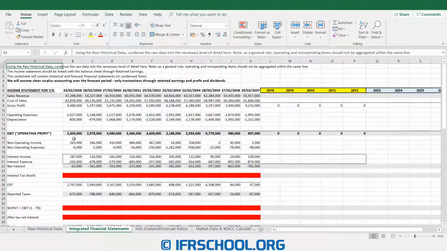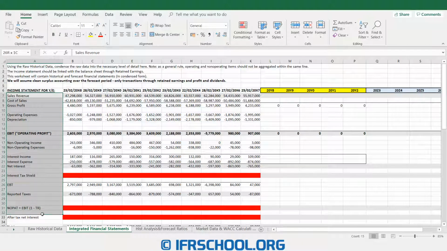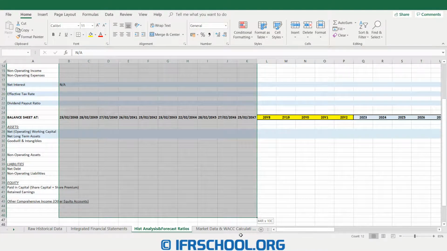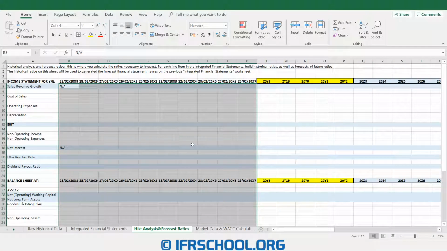Firstly, we have to think about what factor drives each one of the line items that we wish to forecast into the future. Next, we use this factor or driver to calculate historical ratios for each line item. The historical ratios are used as an input or a consideration to help us to determine what values the ratios may take over the future period.